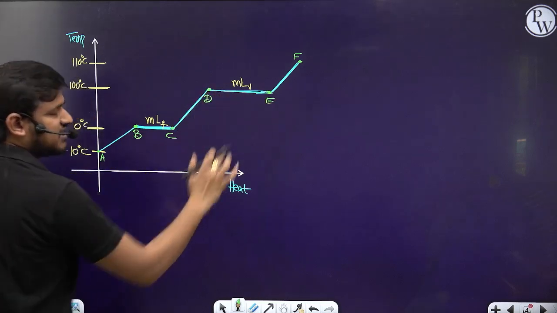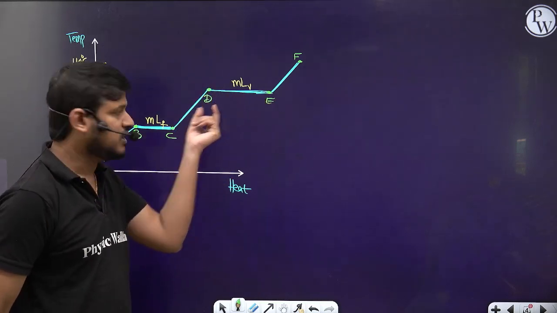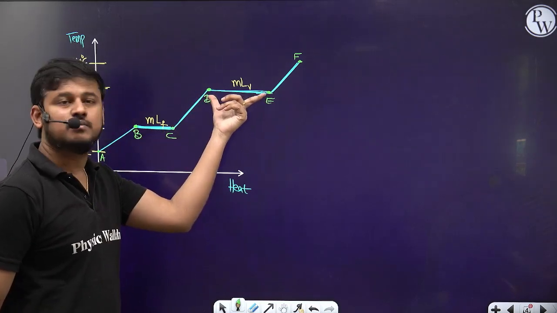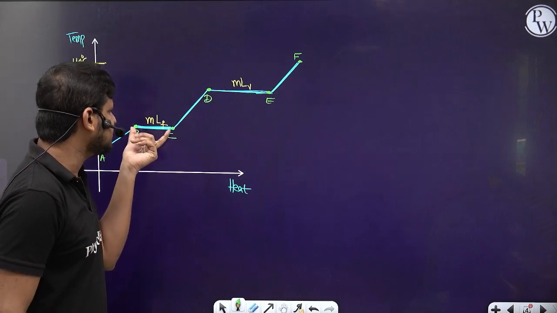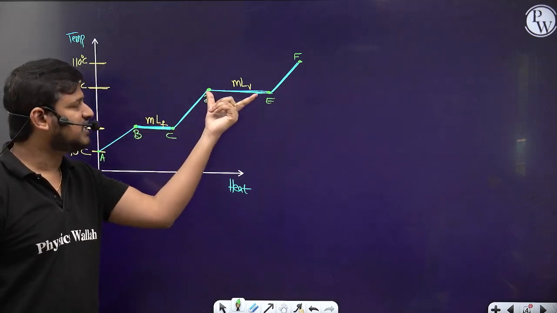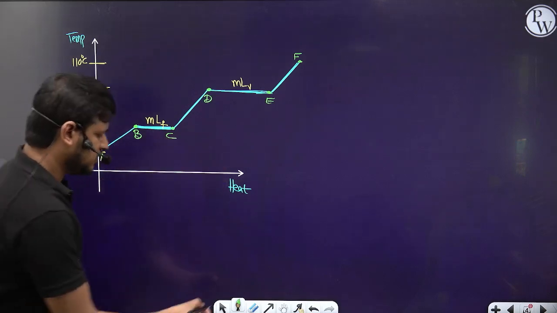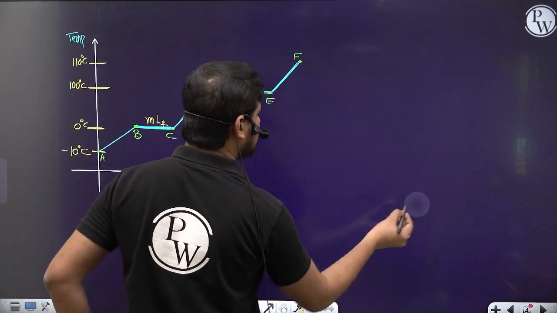Why? Because the latent heat of vaporization will obviously be more, and this will be less. While drawing, I also represented this as small and this line as somewhat big. Okay, clear? Understood?